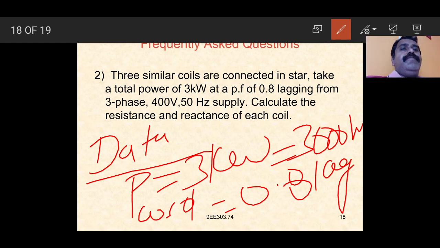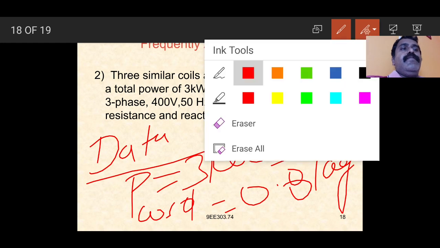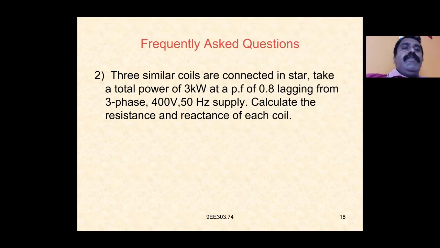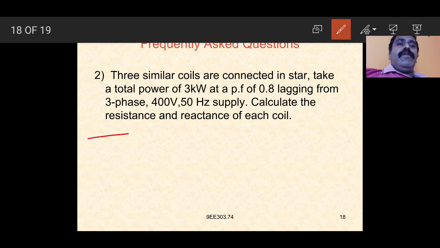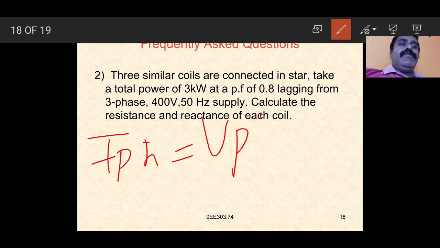So here we find the resistance. We know I phase is equal to V phase by Z phase.